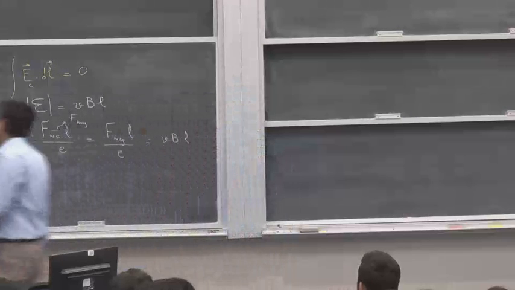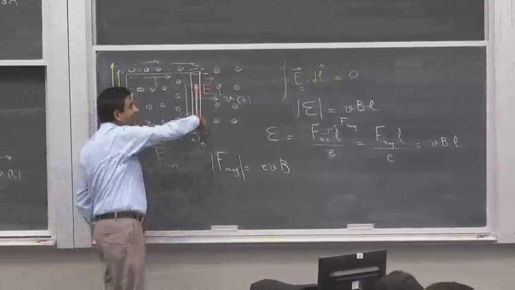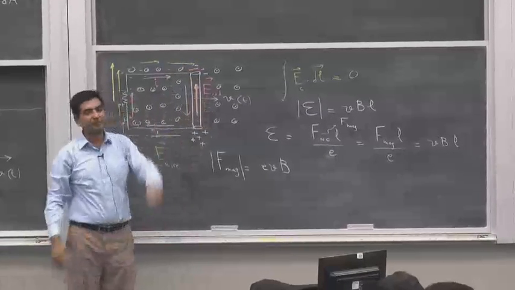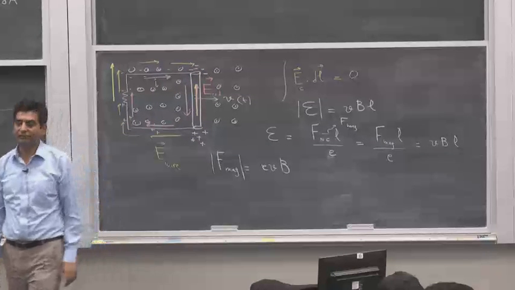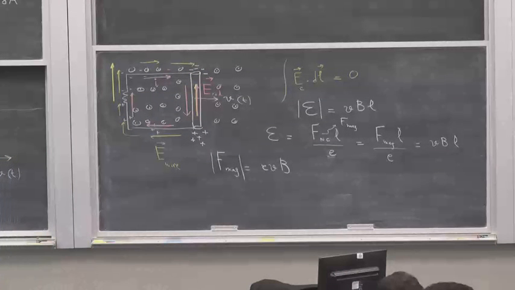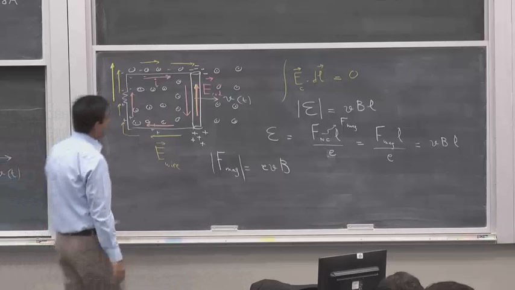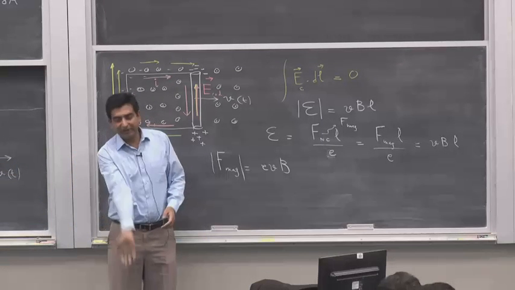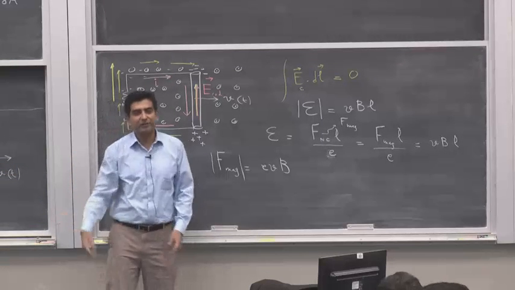So what's the direction of that force? If the current is going downwards inside the rod and the magnetic field is pointing outward, what's the direction of the force? Towards the left. So I L crossed with B. I is downward, field is outward, the force is pointing towards the left.